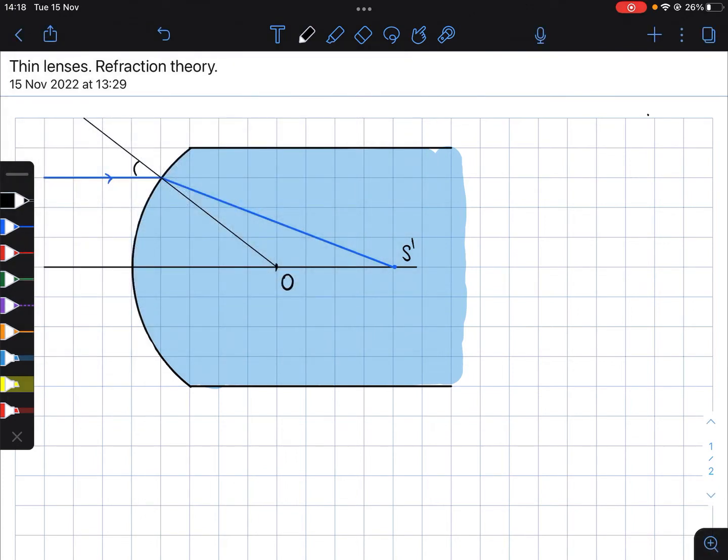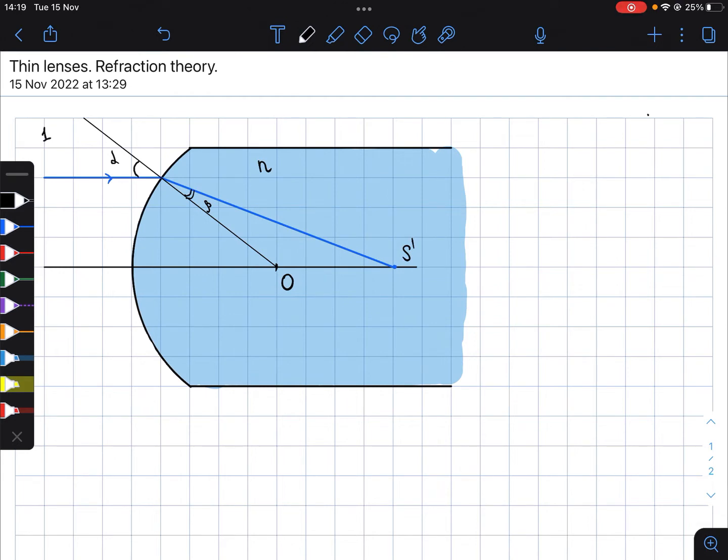So this angle is equal to alpha, and this angle is beta. By the way, the index of refraction of the medium is equal to n. The index of refraction of outer space is equal to 1, so it's, for example, vacuum or maybe just air.